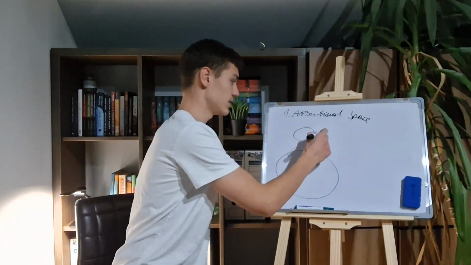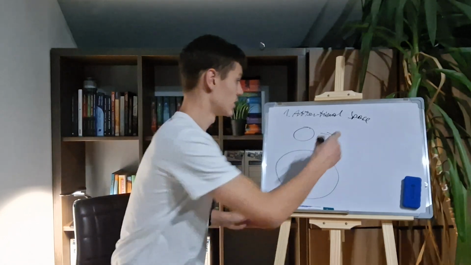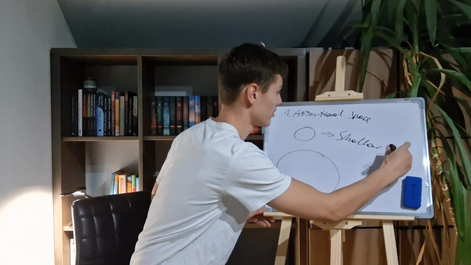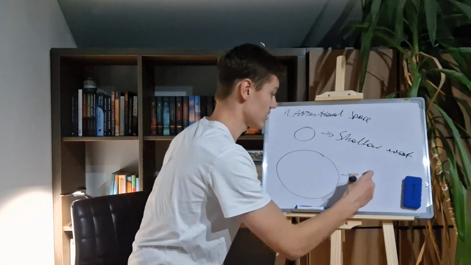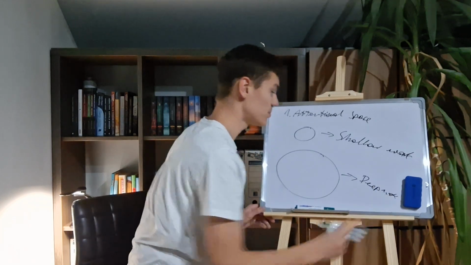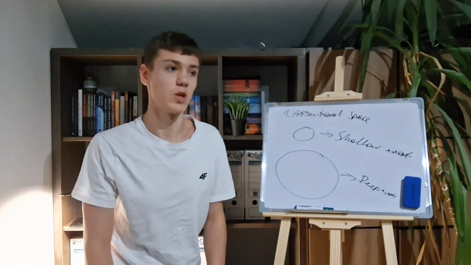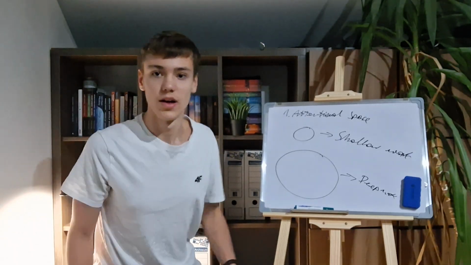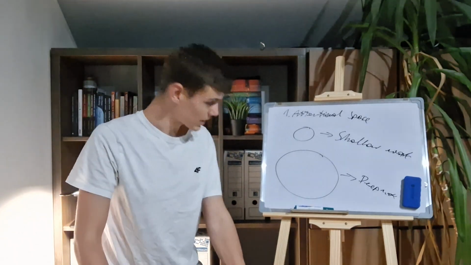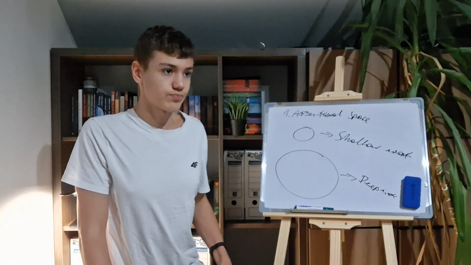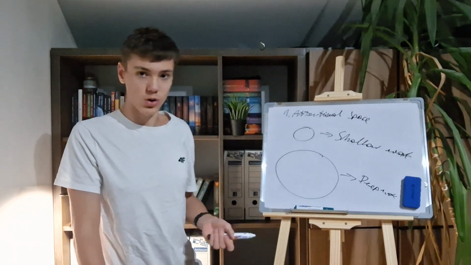Doing the first is called shallow work, and this is deep work. Now, you might be familiar with these two from the book Deep Work by Cal Newport, because it's a very popular concept. And how does it apply to your work?